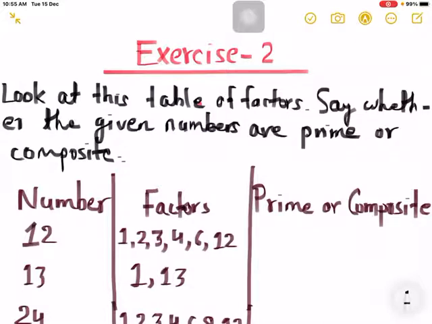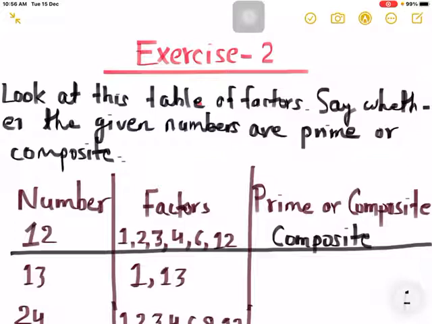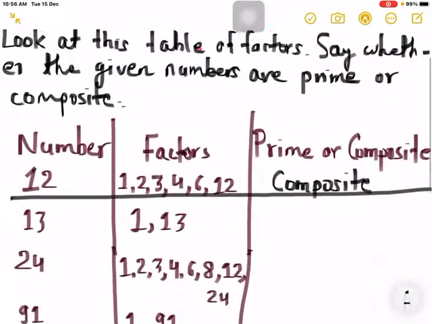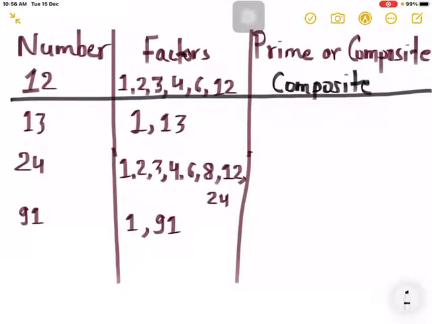See, at first the number 12 is given here, and the factors of 12 are 1, 2, 3, 4, 6, 12. That means it has more than 2 factors. That is why this is composite. And for the second number, that is 13, you can see the factors are only 1 and 13.